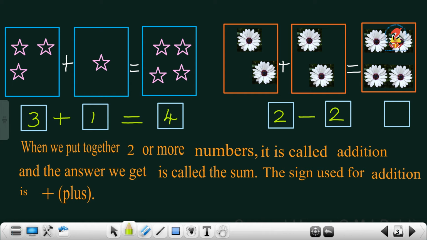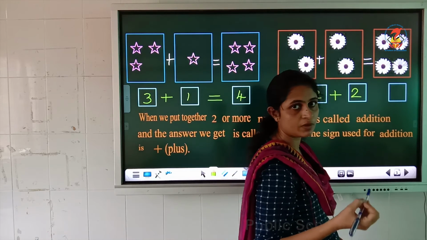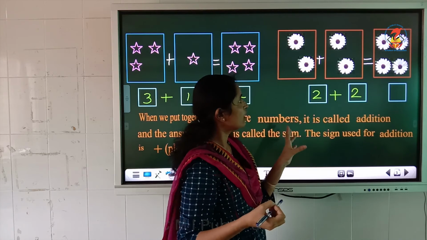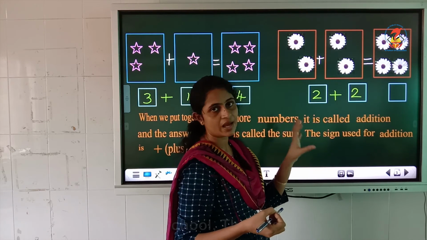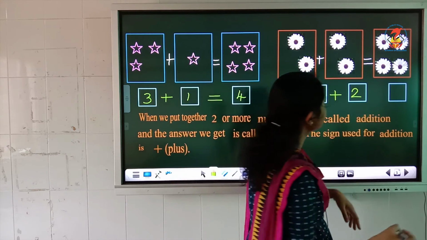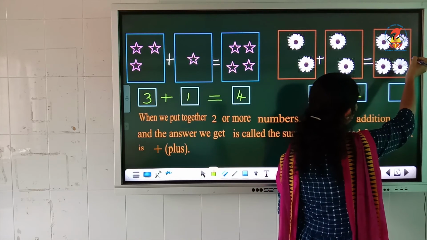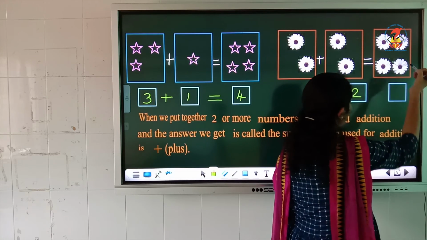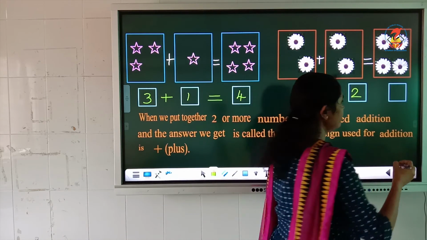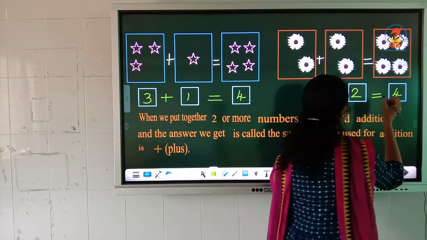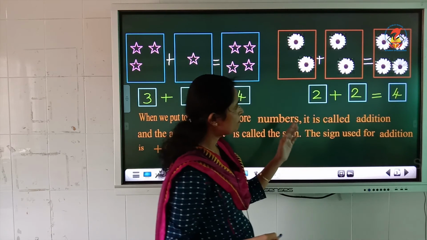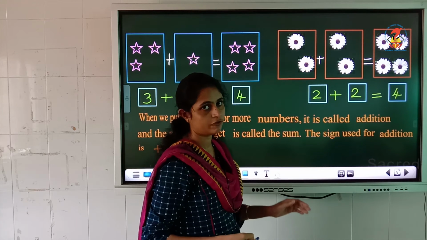For addition, we use the simple plus, and we can check how many flowers we got when we put together 2 flowers and 2 flowers. We can check it. 1, 2, 3, 4. How many flowers did we get, children? 4. So we can read it as 2 plus 2 is equal to 4.